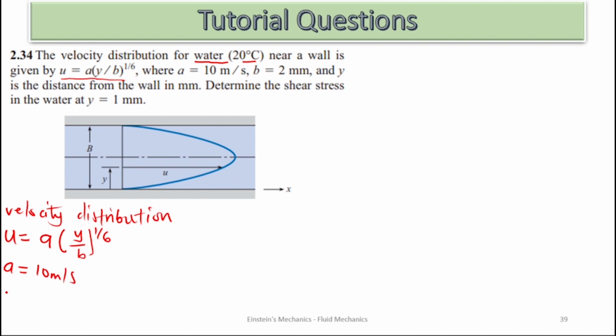The b is also given as 2 millimeters, and that can be converted to meters, which is 0.002 meters. We have our y, which is also given as 1 millimeter, which is 0.001 meter.